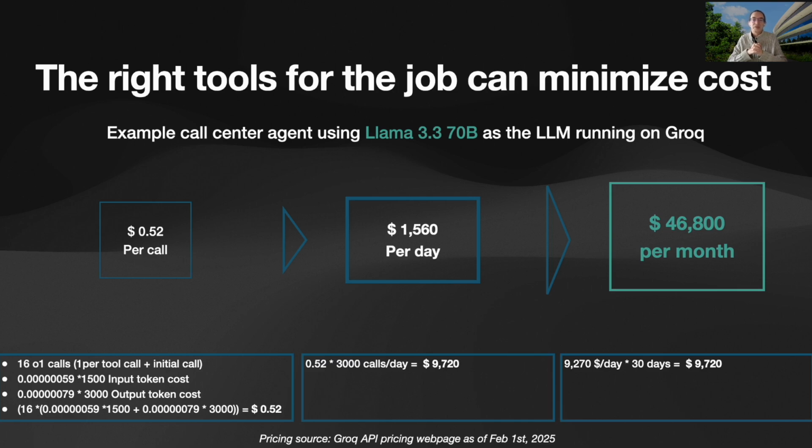And we go from almost $300,000 per month to almost $50,000 per month. So once again, pick the right model for the use case. At the end of the day, your wallet and the environment will thank you.